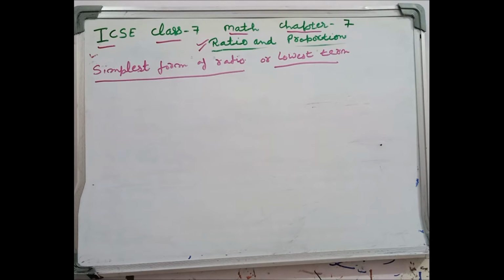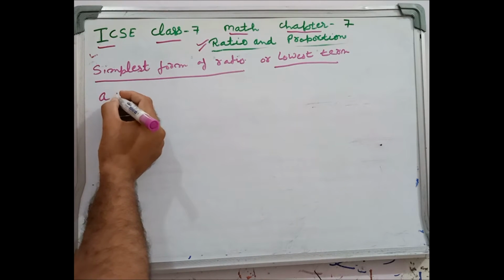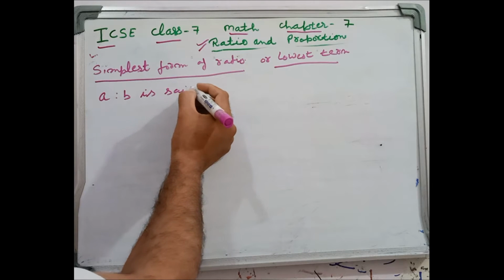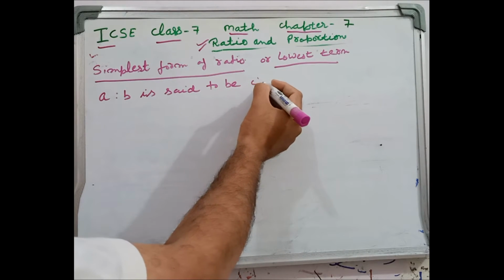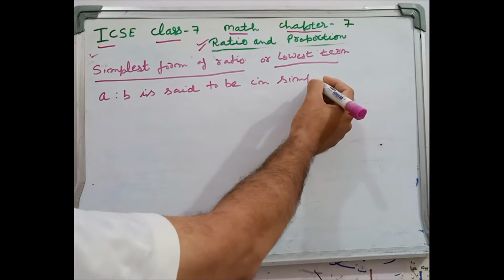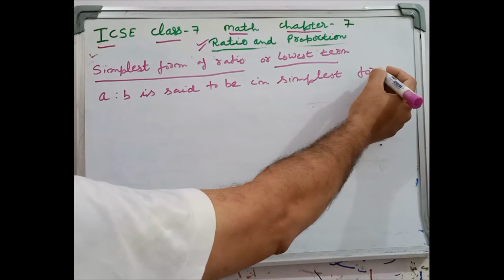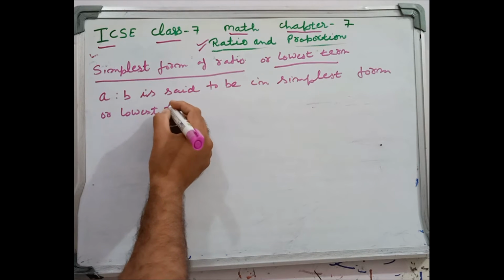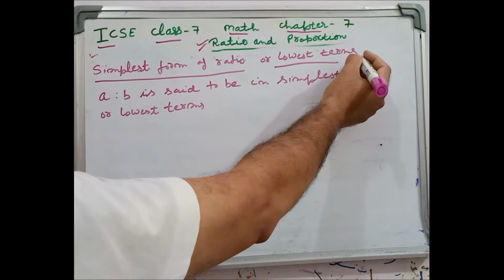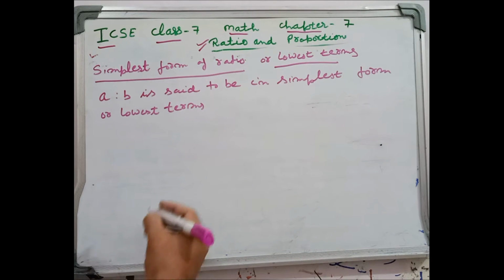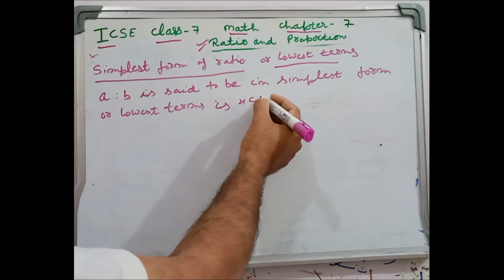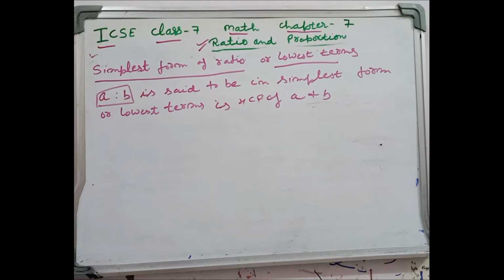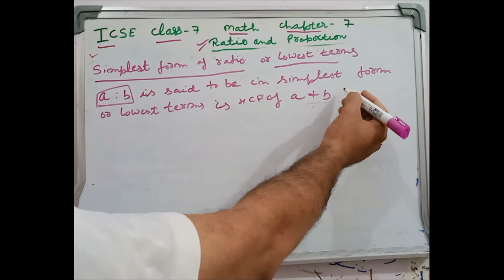A ratio A:B is said to be in simplest form or lowest terms if the HCF of A and B, that is its two terms, is 1.